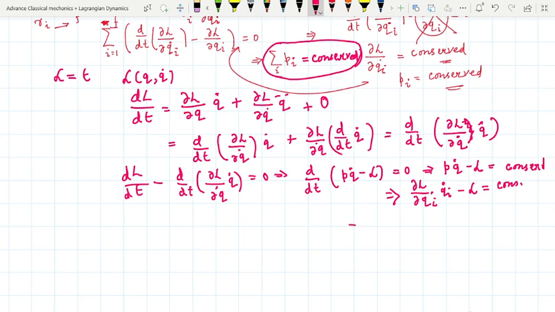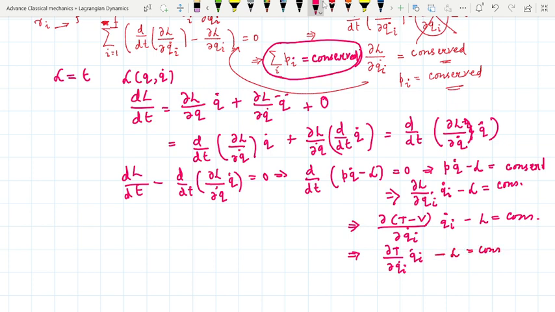So L can be represented as T minus V, and ∂L/∂q̇_i q̇_i minus L is conserved, that is ∂T/∂q̇_i q̇_i minus L is conserved. Why?